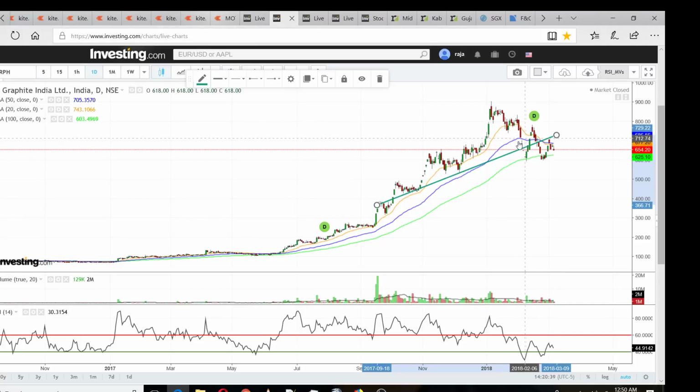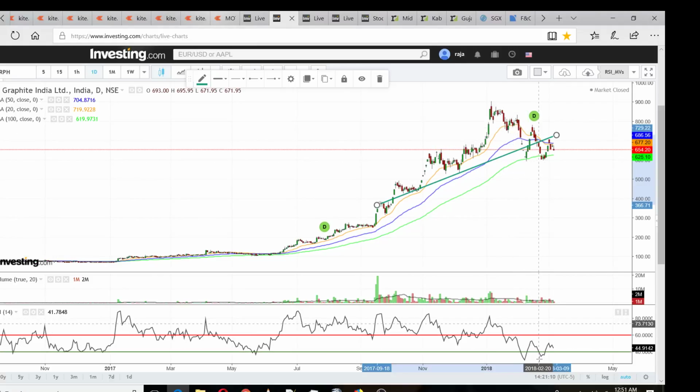So what was seemingly support here is now resistance, and this will continue for several weeks and months for now. If you see, RSI is not able to go beyond 50 levels. It is facing resistance. This is showing that bullish momentum is now fading out. It is facing resistance in price action.